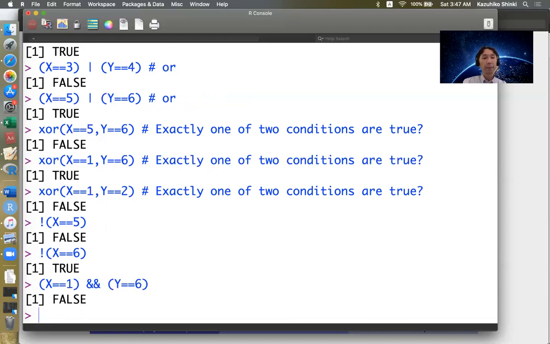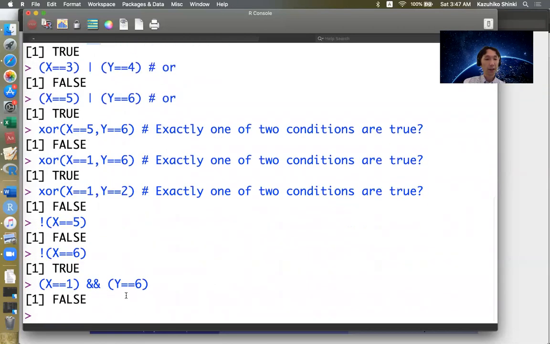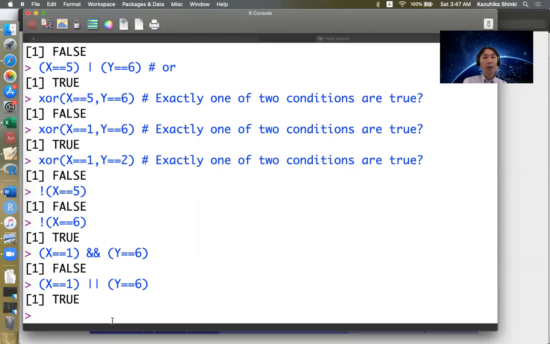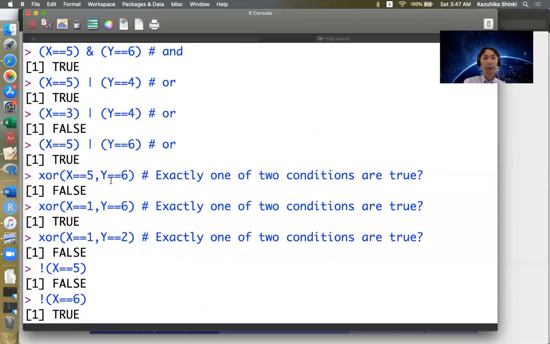So you can just simply use the single AND and a single OR. OR has a similar thing. And for vectors, only the single AND and single OR work. There is no logical reason behind it, but R works in that way.